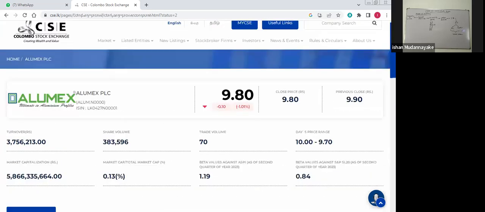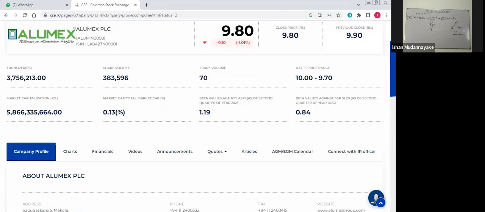Alimax PLC, one of the largest companies. Here you can see share volume, turnover, market capitalization. How much? Market capitalization is 5 billion.